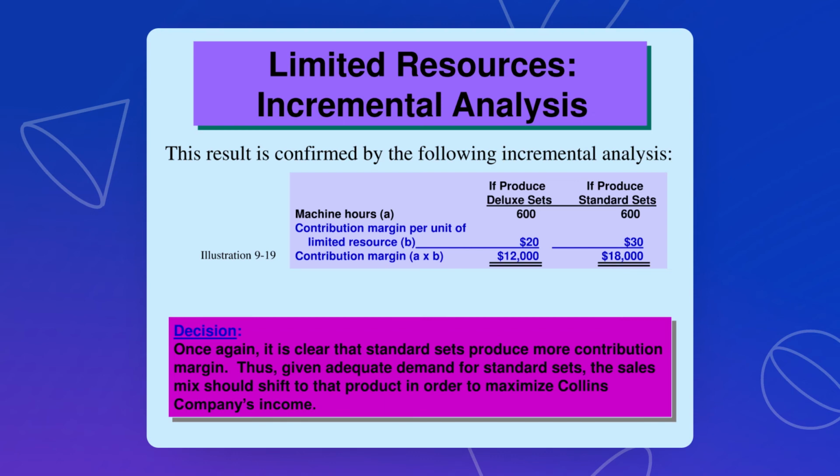Once again, it is clear that standard sets produce more contribution margin, given adequate demand for standard sets. And the sales mix should shift to that product in order to maximize Collins Company's income. So that's our choice, class. Again, our decision is to produce standard sets because of the highest CM per limited resource, and at the same time the highest total contribution margin.